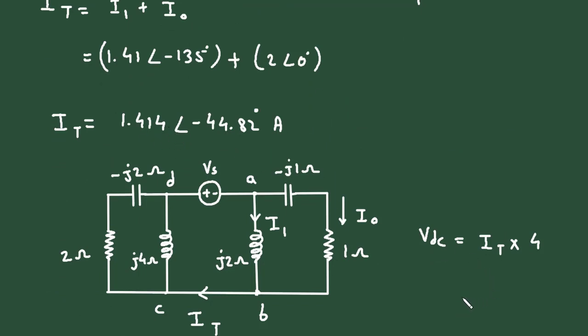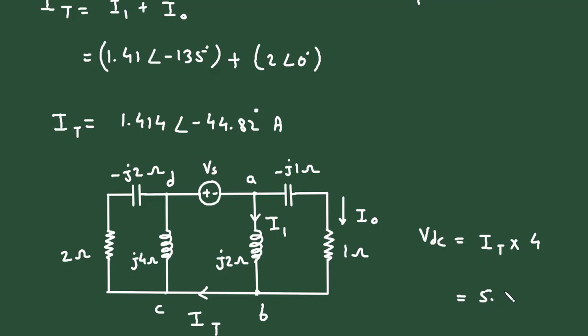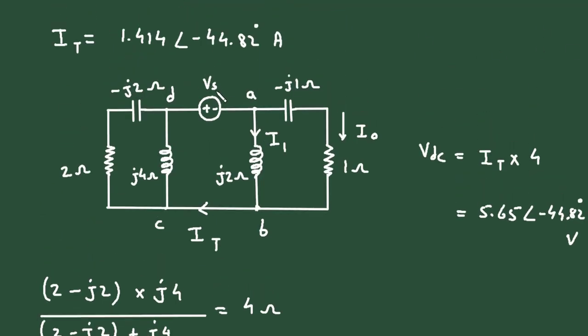So let's directly solve this. 1.414 into 4. So it is 5.656 at an angle minus 44.82 degree. Now this will be voltage, so its unit will be volts, not ampere. So this is the value of VDC and we have to find this Vs.